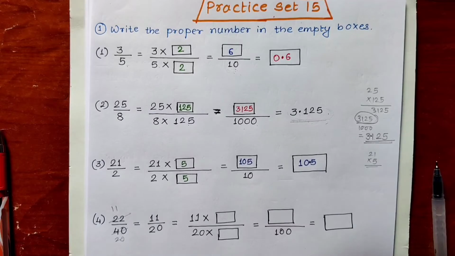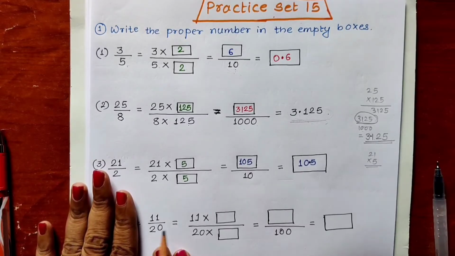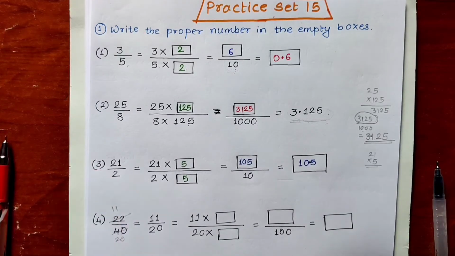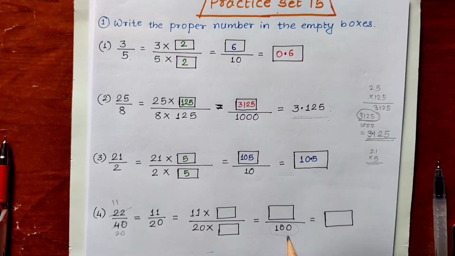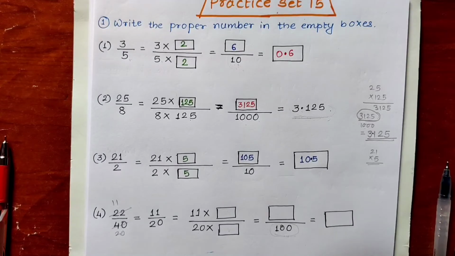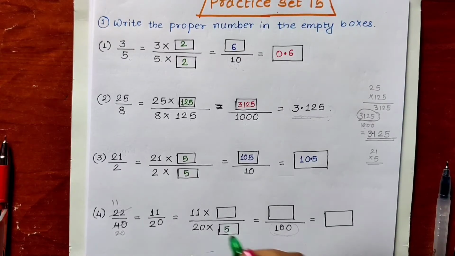Now we have to ignore this number. We have to start looking from this 11 upon 20 and solve the sum. Now see children, 11 upon 20 multiplied by, we have to fill in these boxes, and here the answer of the denominator is given, 100 is given to us. So 20 multiplied by which number? The answer should be 100. You all know the table of 20. We all know 20 5s are 100. Correct?